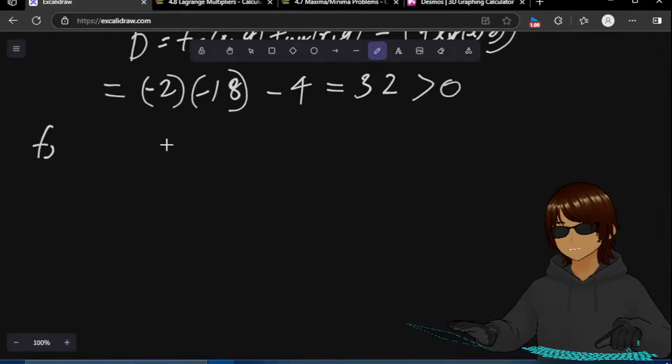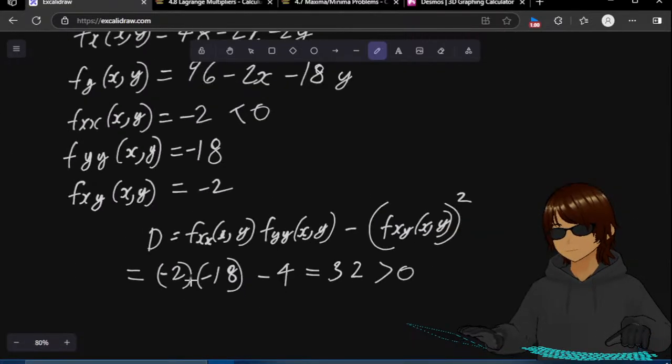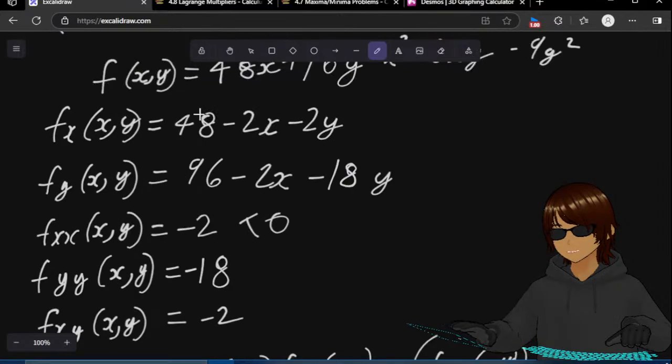Hold on. I'll just copy and paste the above.